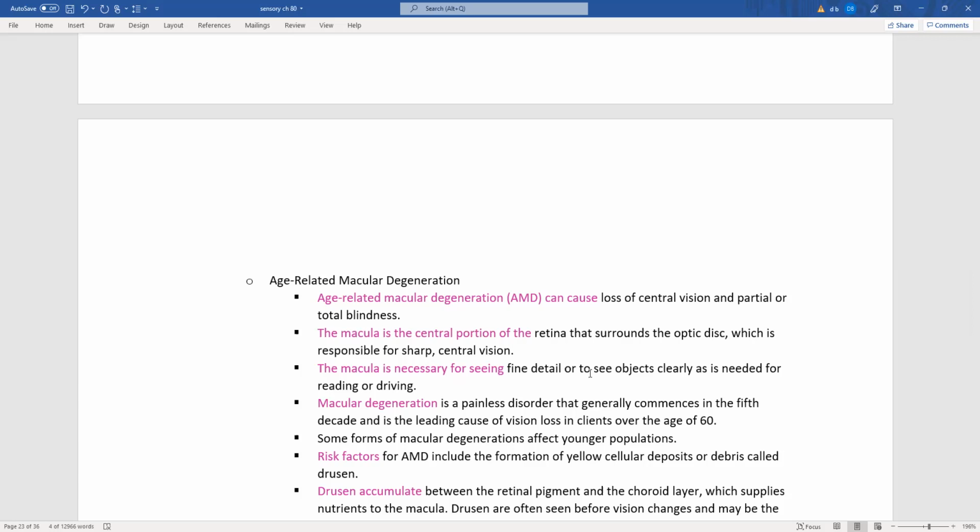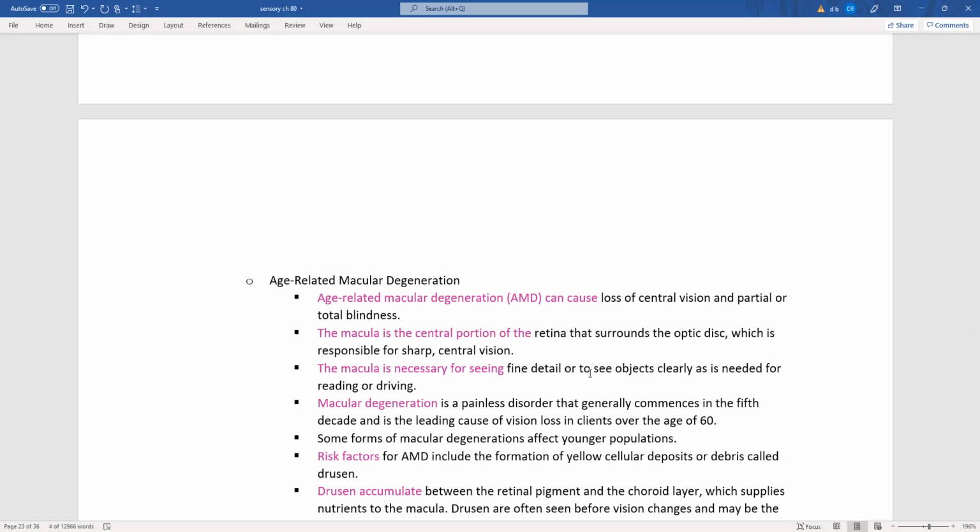The macula is necessary for seeing fine details or to see objects clearly, as is needed for reading or driving. Macular degeneration is a painless disorder that generally commences in the fifth decade and is the leading cause of vision loss in clients over the age of 60.